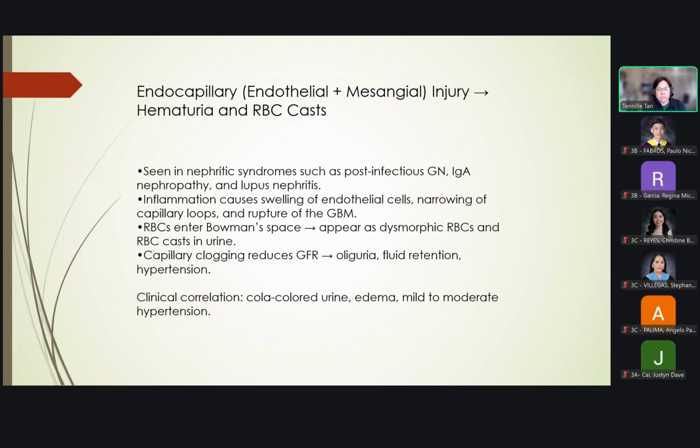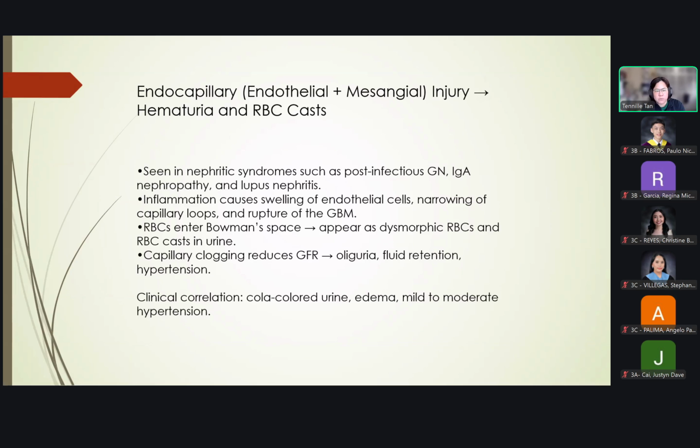The reason why is because the opening where the RBCs can pass will be irregularly shaped. That's why the RBCs will have to conform or change their shape in order to pass through these openings. This is also why, when we're not sure if the hematuria is because of a glomerular injury or because of other causes, like maybe nephrolithiasis, we'll order a urinalysis with RBC morphology.